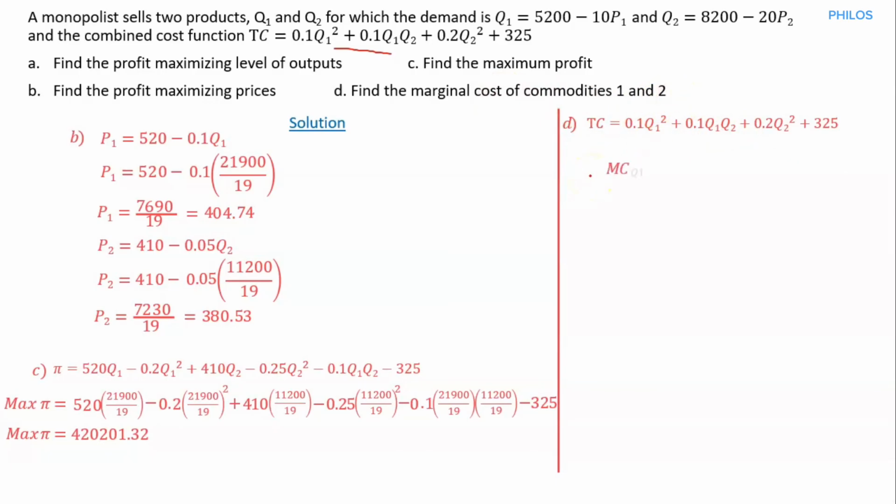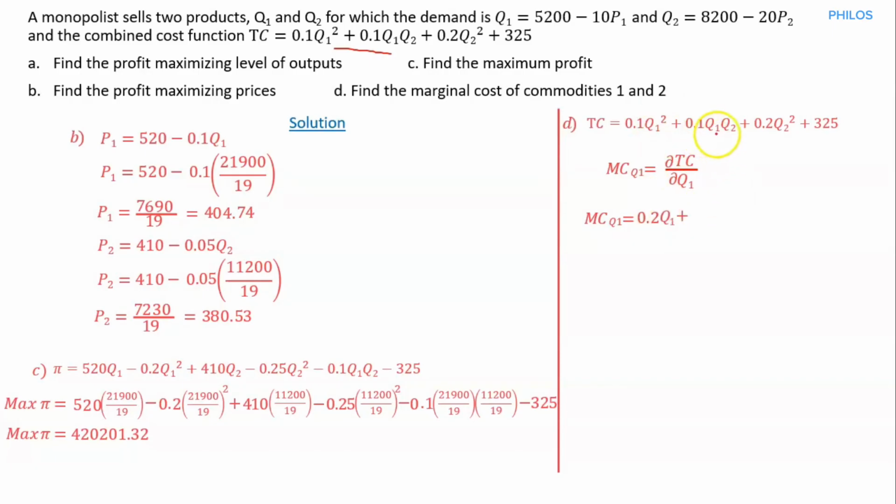So marginal cost of commodity 1 should be equal to partial TC over partial Q1. We are differentiating total cost with respect to Q1. These two will multiply 0.1, it will give you 0.2. Then subtract 1 from the exponent, you have 1, so Q1 exponent 1 remains Q1.